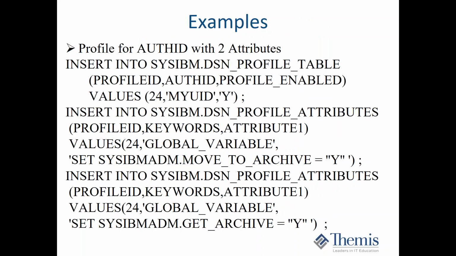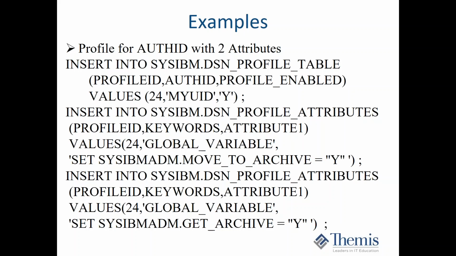Now, I have profile number 24, and 24 was my profile by auth ID. Okay, so I'm going to insert into the profile table my user ID. This user is giving me a headache, and I'm going to throttle them back or set certain application variables for them.